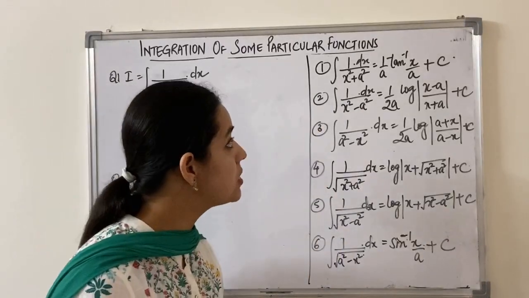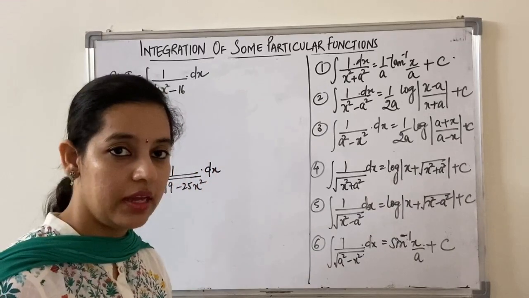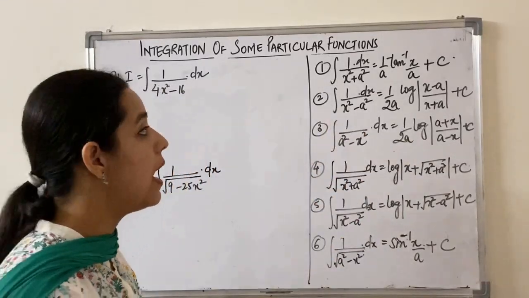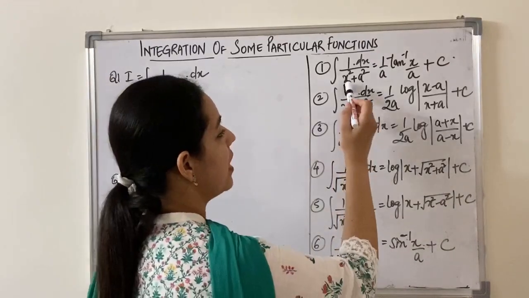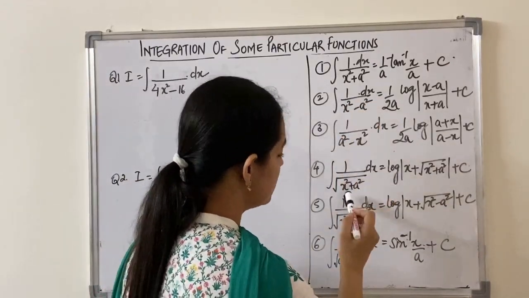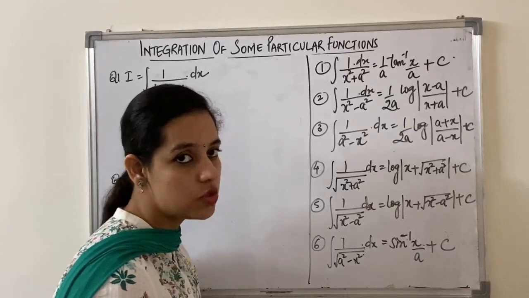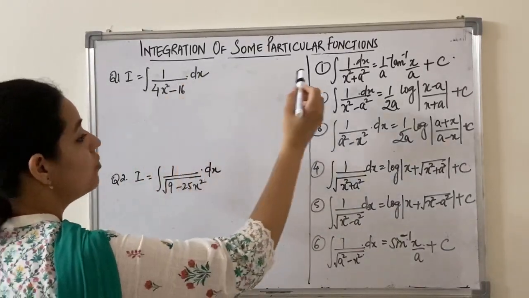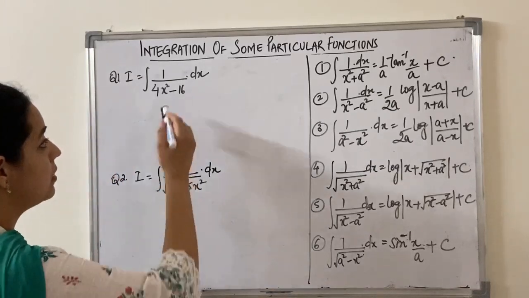If we are applying these formulae in any of the questions, you must remember that the numerator should always be 1, and the coefficient of x square in each of these you can observe is always equal to 1 or minus 1.